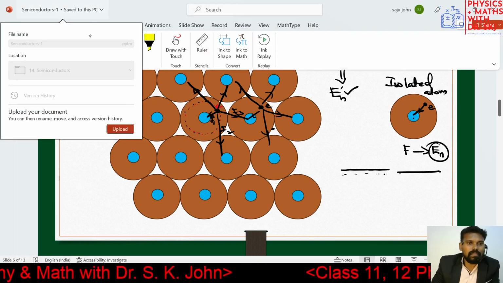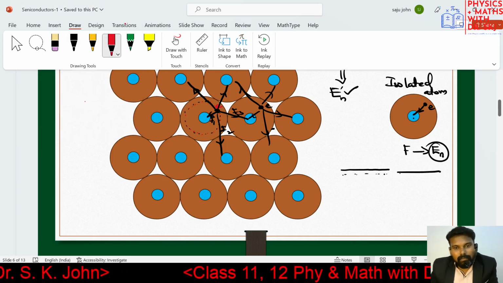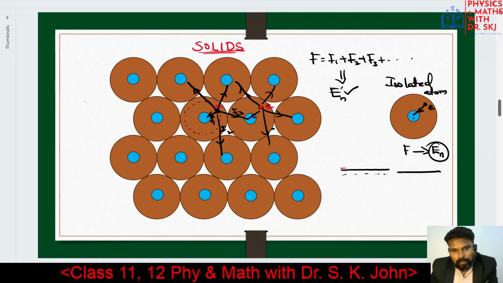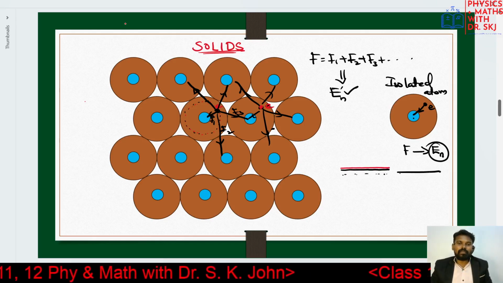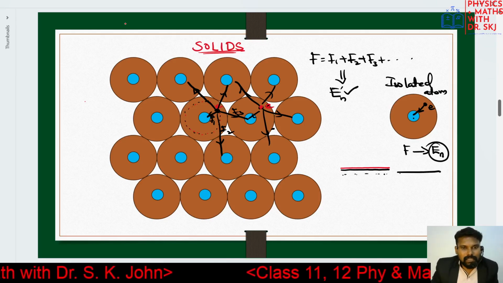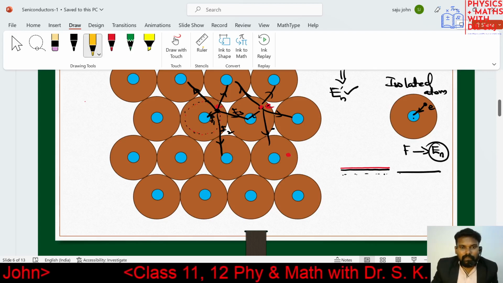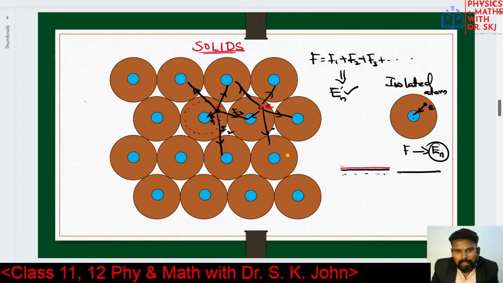Let me draw the energy level in this red color. The energy level of this electron can be different from the energy level of the other electron. If you consider another electron, its energy level can be slightly different.